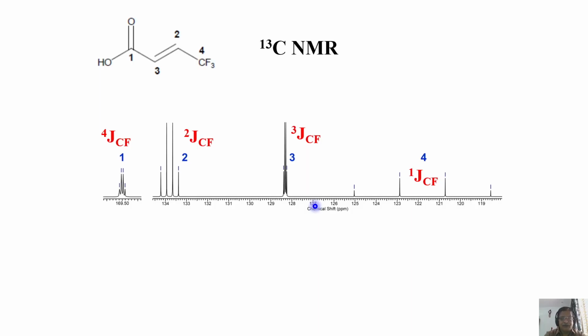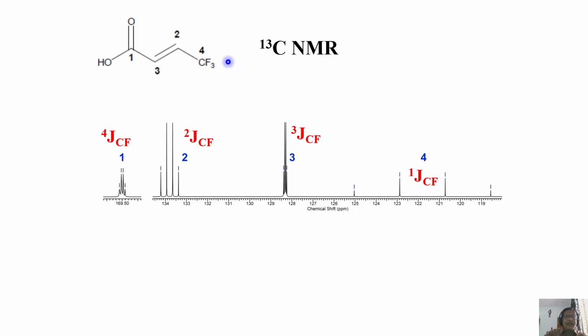This is a simple molecule. I am looking at carbon 13 NMR, low abundant spin. Carbon can now couple to fluorine and also to proton. How do you simplify the carbon spectrum? First thing, do the broadband decoupling. Remove all proton-carbon couplings. So what are you left with? Only carbon-fluorine couplings.